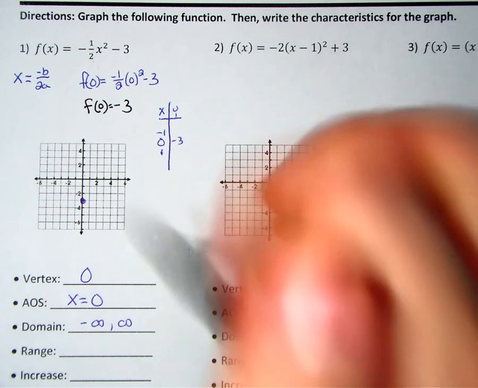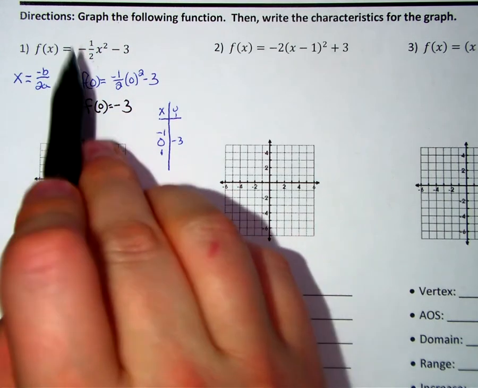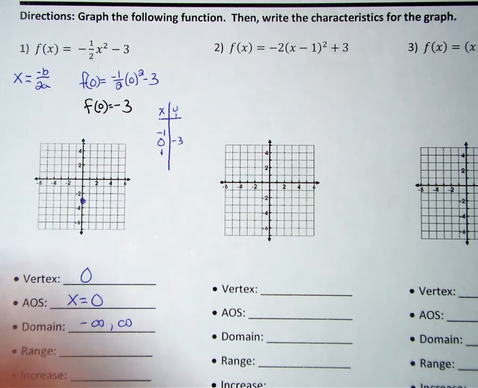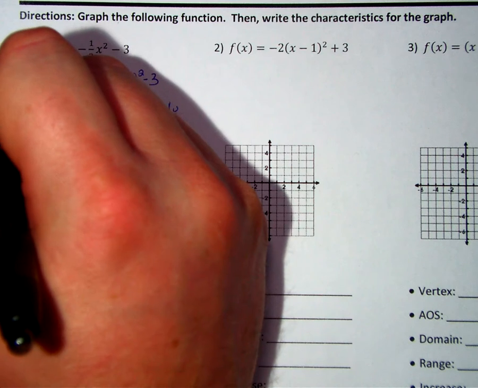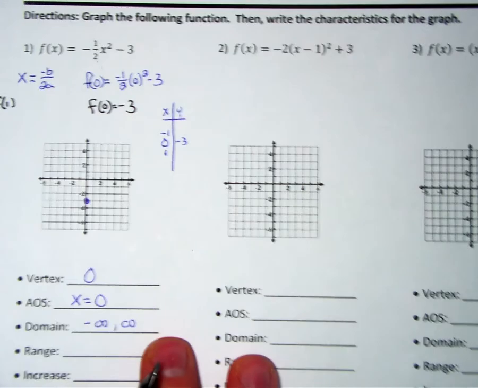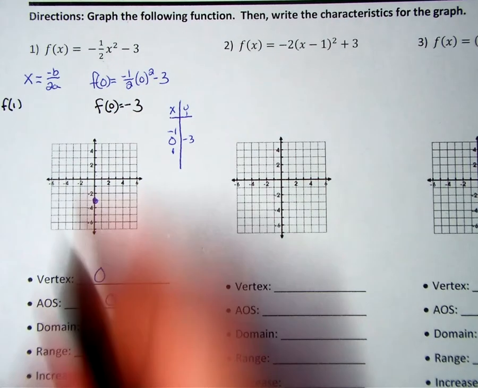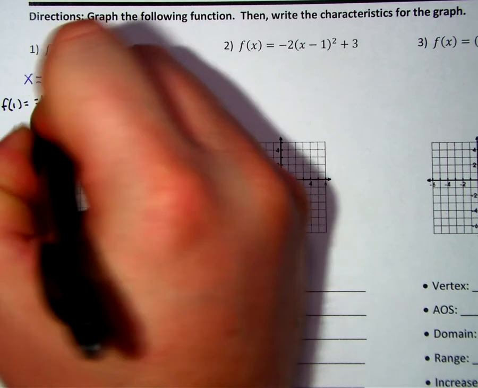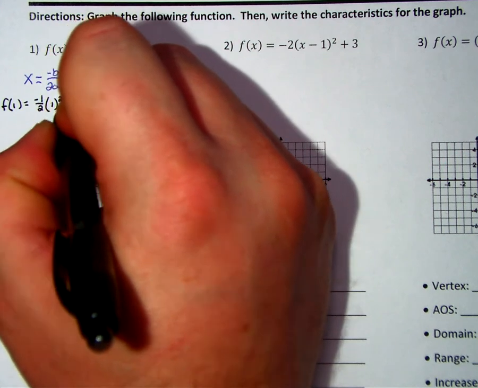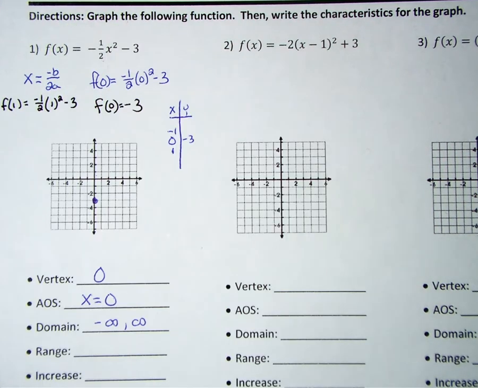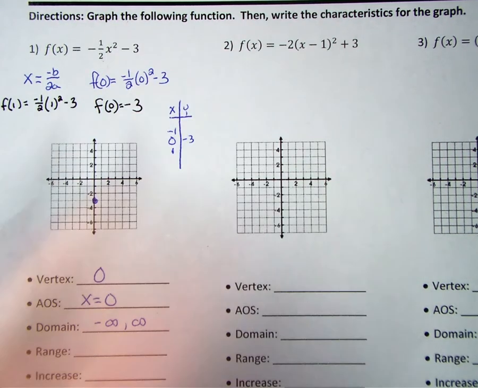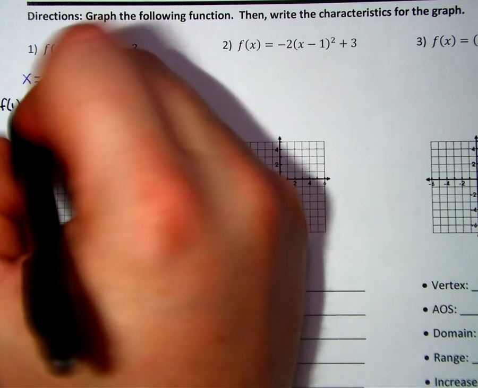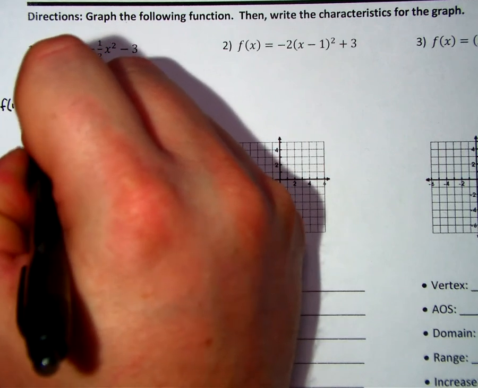If I want to know where 1 is, I'm going to plug 1 into my equation. So f of 1 is equal to negative 1/2 times 1 squared minus 3. Well, 1 squared is 1 times negative 1/2, that's negative 1/2.